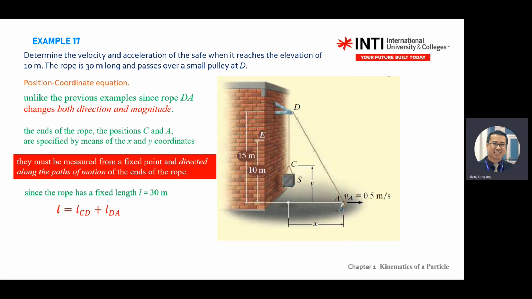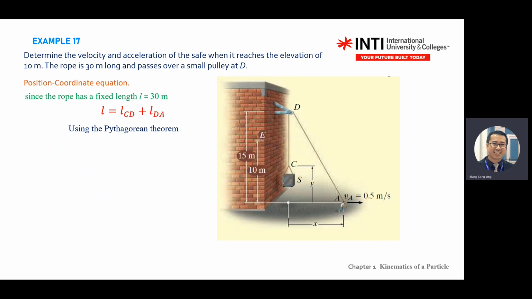The first one, you build a rope equation. So the total length is CD here plus this length. Then you start to find what CD is and what DA is by the Pythagorean theorem. For DA, you have the total height of this one.